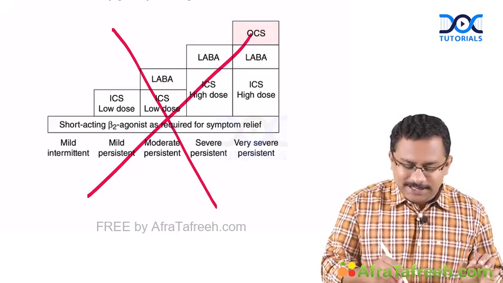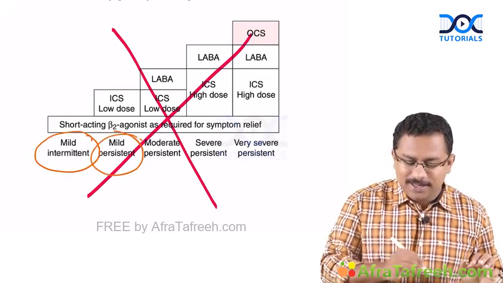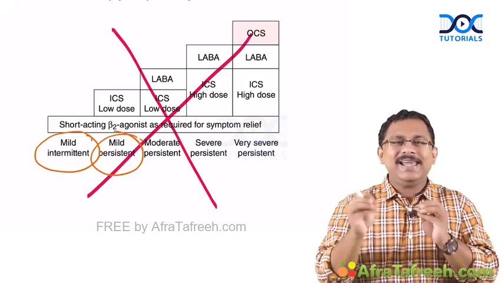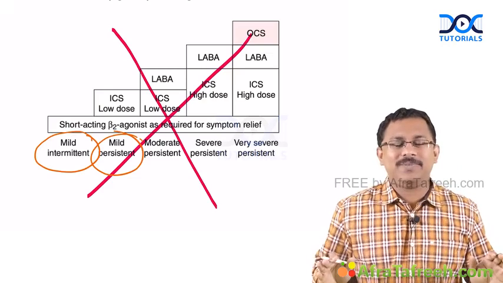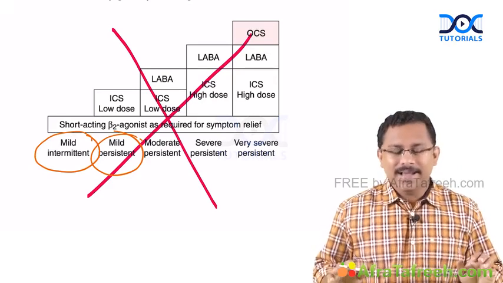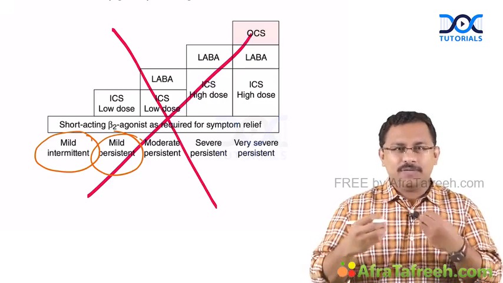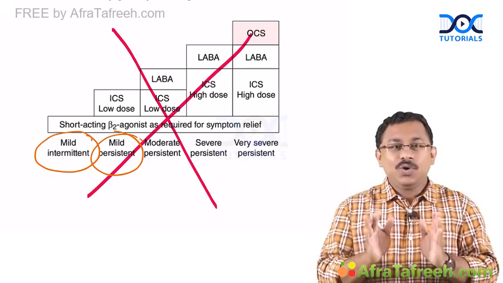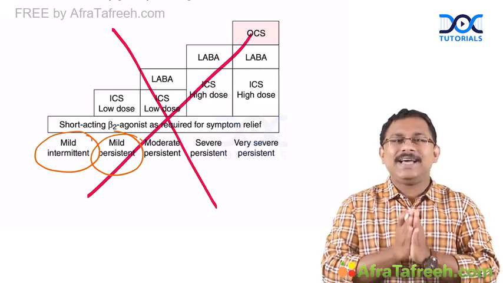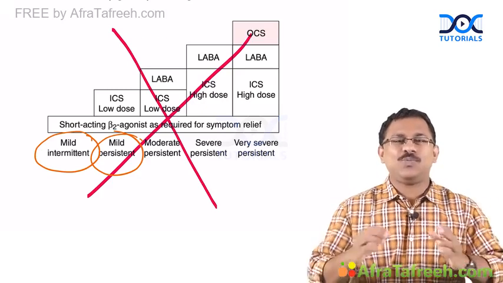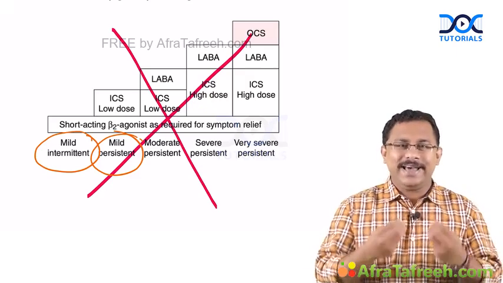Because now certain terms like intermittent and mild persistent, which are slightly ambiguous terms, are now removed from the latest GINA guidelines. And also this is not the exact treatment guideline that we follow now. So don't look and learn this from Harrison. It is outdated. You cannot say, see, Harrison is a standard textbook, so shouldn't we learn what is written in Harrison?